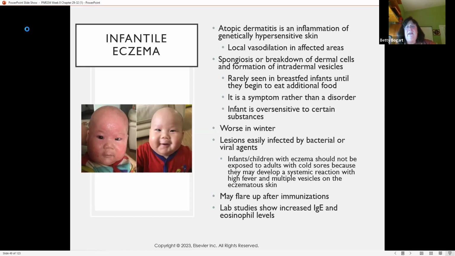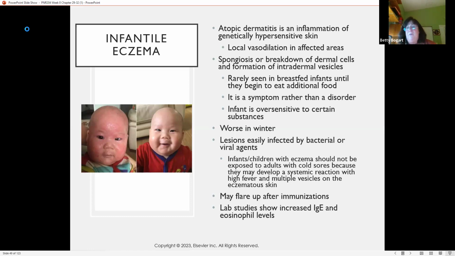We know that it is an inflammation, it's hypersensitive, and sometimes it's due to contact with something. It could be the soap, the creams, the lotions, the soap we use for our clothes.